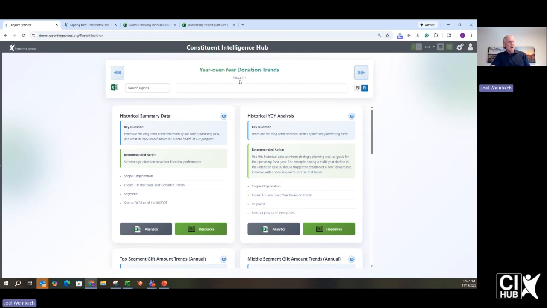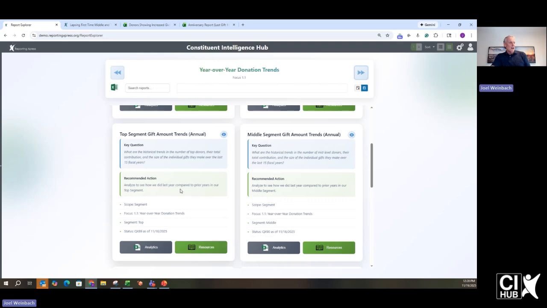So remember, the core analytics all start with a number 1. So these are the focus. These are the year-over-year donation trends. Analytics 1.1. So that's got my historical summary data, year-over-year analysis. So I'll show you this real quick.